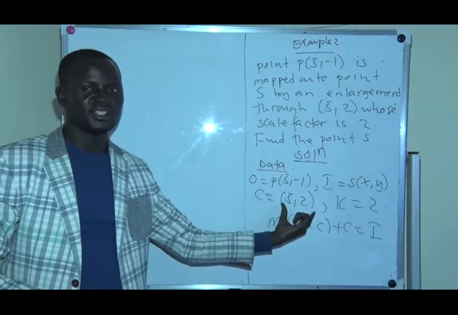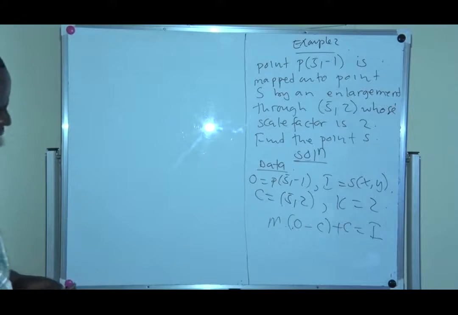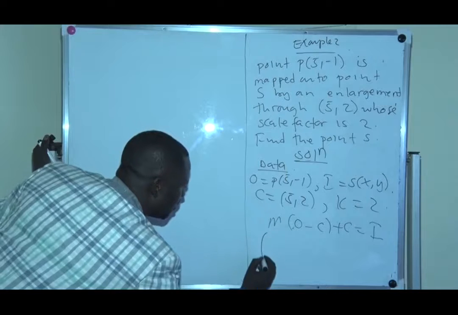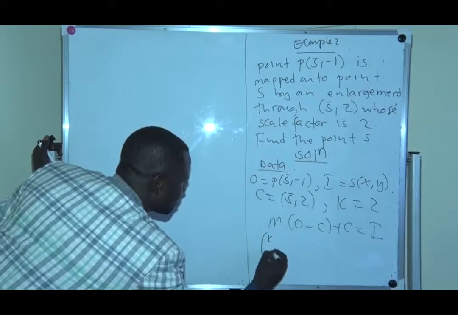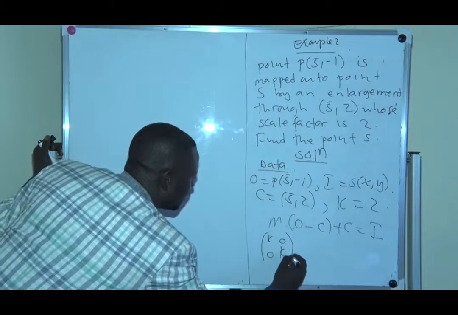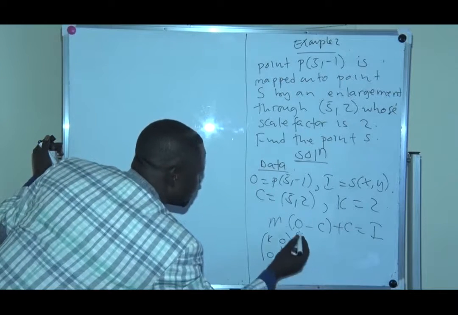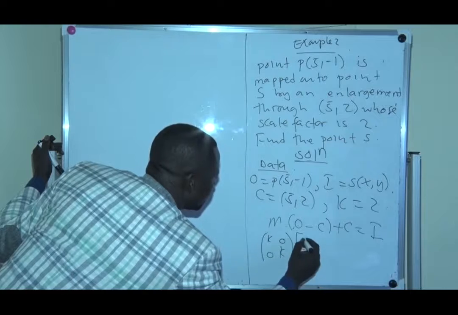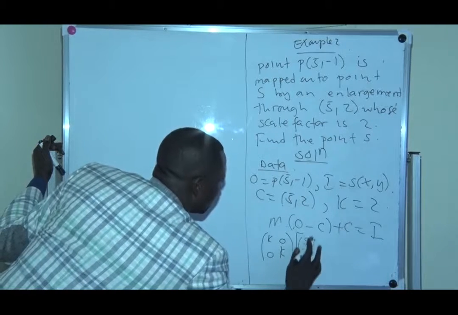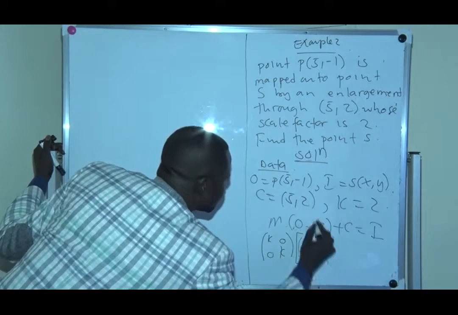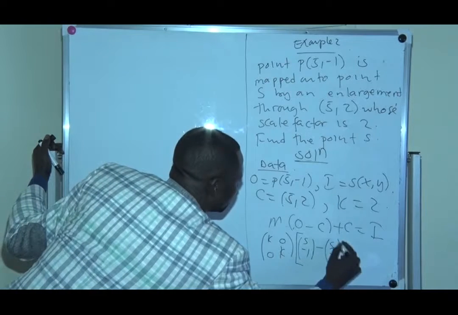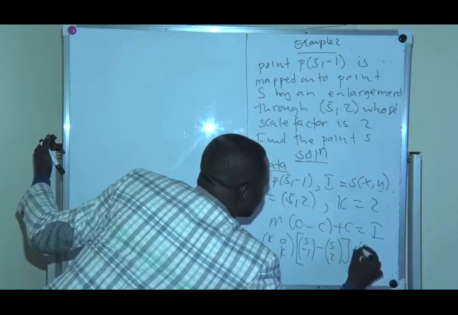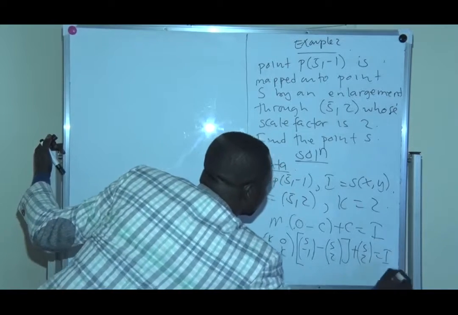Because the center is not the origin. So on the matrix (k 0; 0 k), you put in square brackets the object that has been mapped, (5, -1), minus the center (5, 2), close, and don't forget plus the center (5, 2), which gives you the image.